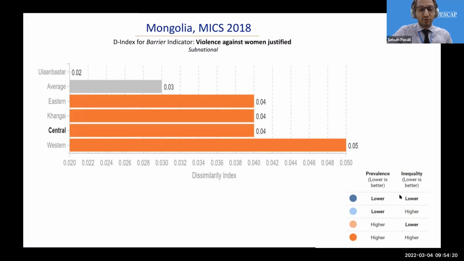The average inequality in violence against women not justified is 0.03 as a national average, and overall inequality in this indicator is low, and Ulaanbaatar leads the way, where almost all women consider that violence against women is not justified. And also recall that there's a relationship between prevalence and inequality: in the places where you have much higher prevalence, inequality can be low.